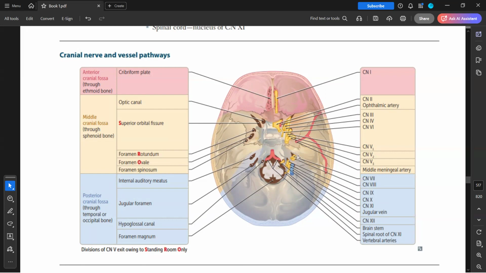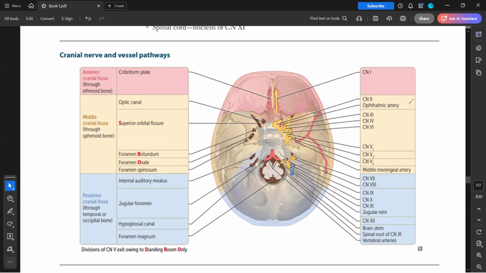So, cranial nerves and the vessel pathways. In this picture, you can localize all the cranial nerves from 1 to 12, and you can see the arteries and the veins. Let's point out some of the structures for you. Where is my pen? I keep losing my pen.